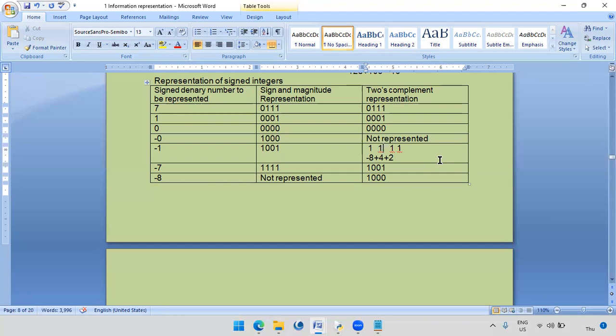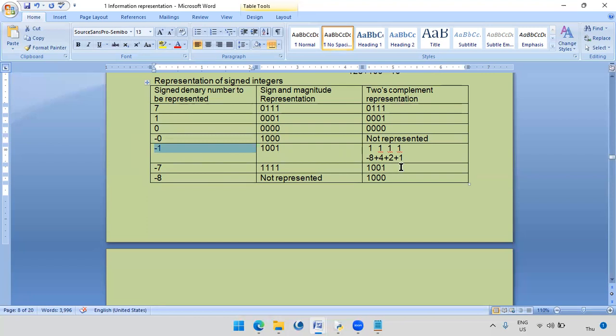So a total of how much? Well, this is minus 8, plus 4 plus 2 plus 1, which is 7 for 1, 1, 1. So 7 minus 8 is minus 1. See, minus 1 here.